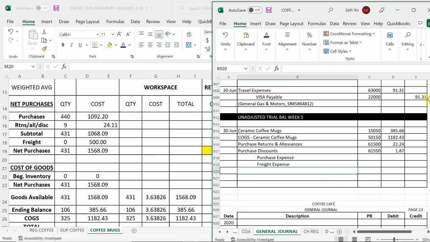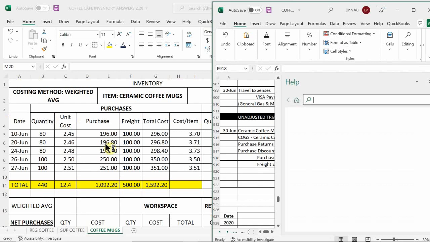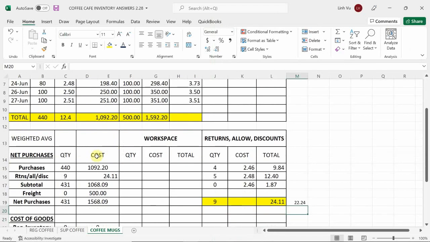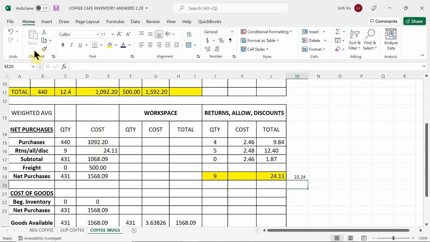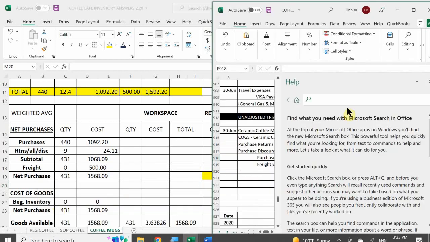So again, purchase expense was 61,000 and then my freight expense should be 6,300. Okay. So let's see. How much was my total purchases excluding my freight? So in this case, my total purchases was $1092.20. Okay. And my freight expense was for $500. So that's exactly what I have to do.